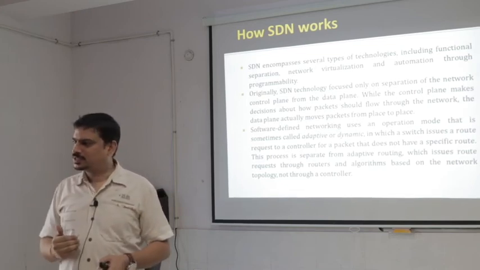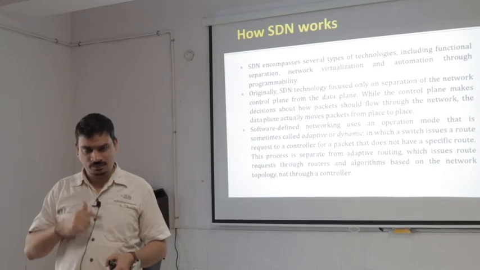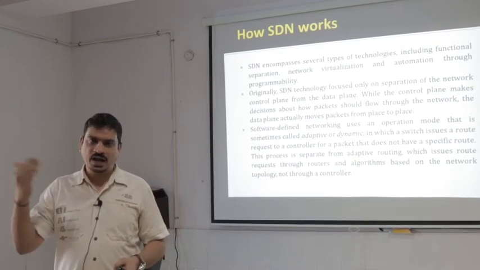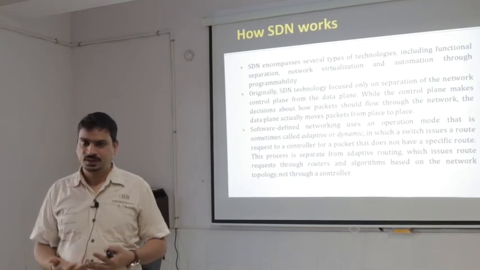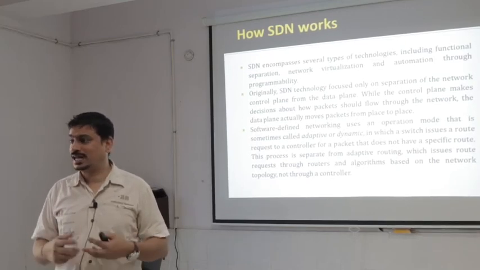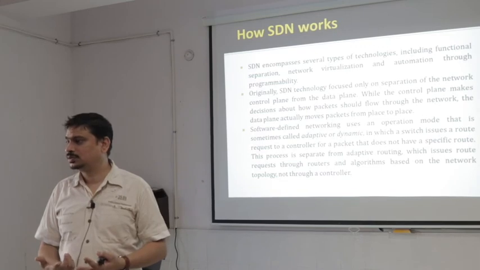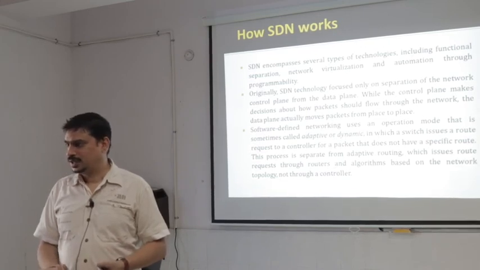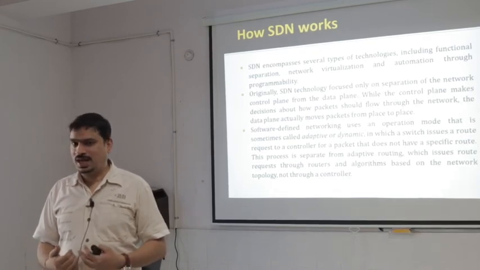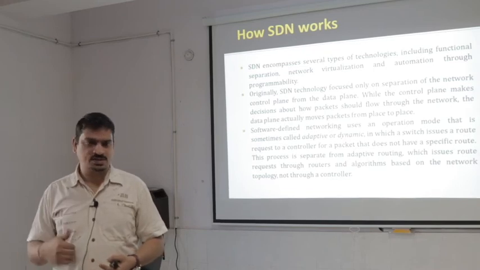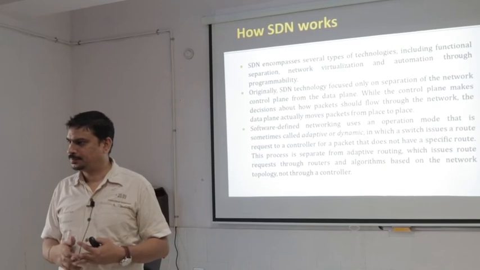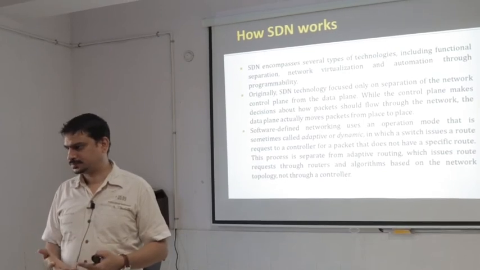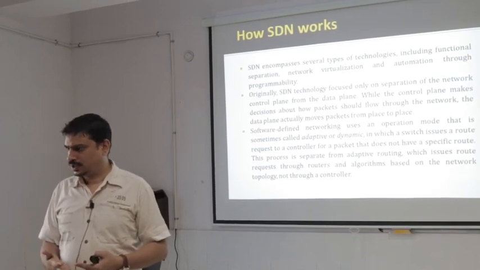Proactive, what will happen is, we will make the path or the route prior to when we actually need it. If we need a data flow, then we make it, that is called reactive. And if we are making the path previous to when I need it, that is called proactive. Are you getting it?